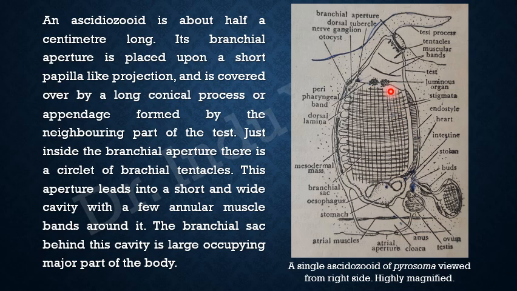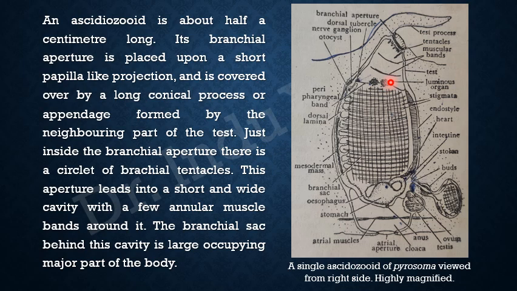In between these two cavities, the prebranchial and the branchial, is the peripharyngeal band, and this peripharyngeal band has two luminous organs situated on it, which are responsible for luminescence, for emitting light.